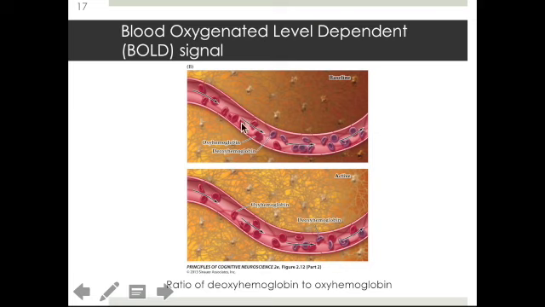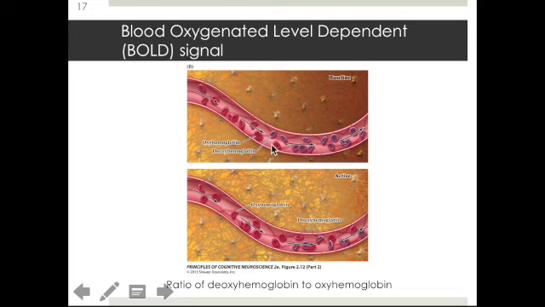Within the blood, we have these red blood cells, which have molecules known as hemoglobin, or Hb. Hemoglobin starts out oxygenated, right? So that's oxygenated hemoglobin, or oxyhemoglobin, and after it exchanges its oxygen with the neurons themselves, it becomes deoxygenated relative to oxygenated hemoglobin.